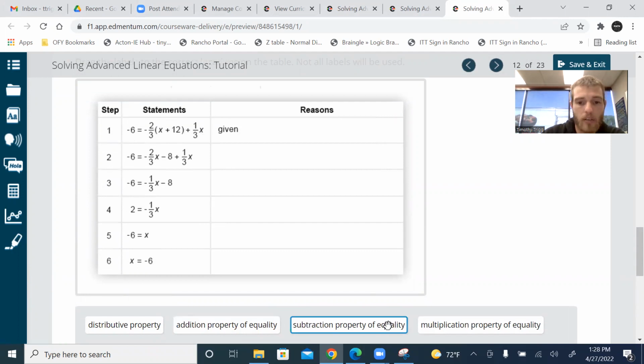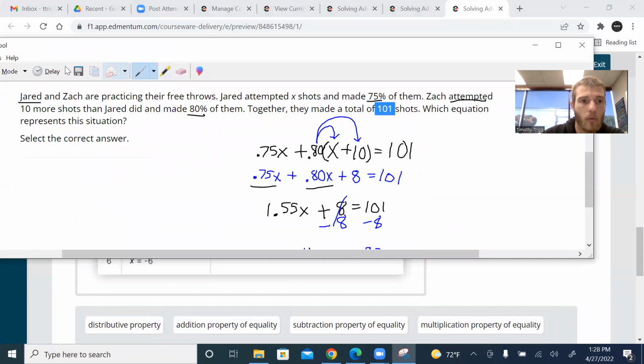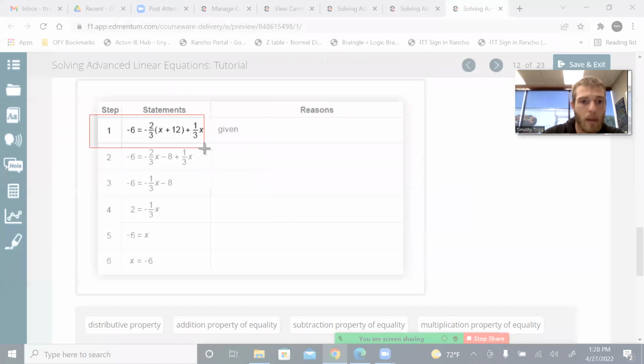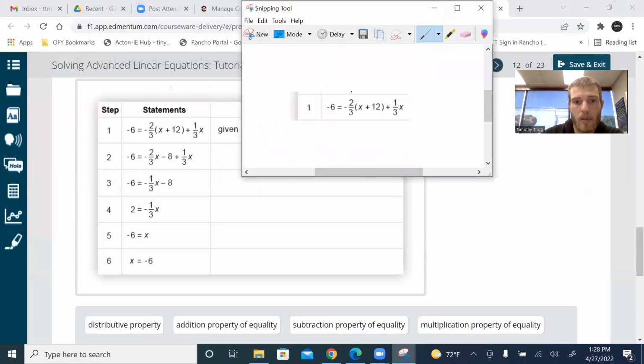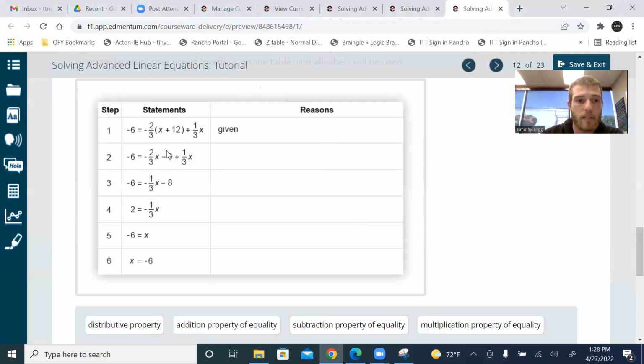When I look at this problem, my first step would be to distribute this negative 2/3. So negative 2/3 times x and negative 2/3 times 12. It multiplies negative 2/3 times each of these in the parentheses. And that would give us this next step.